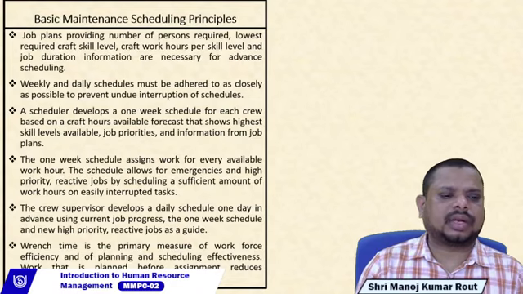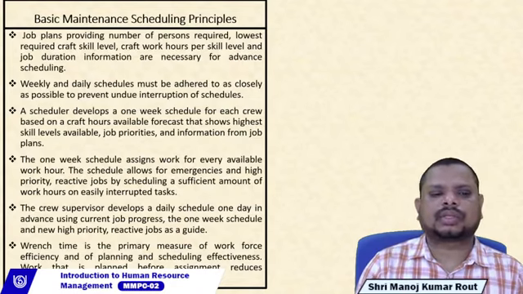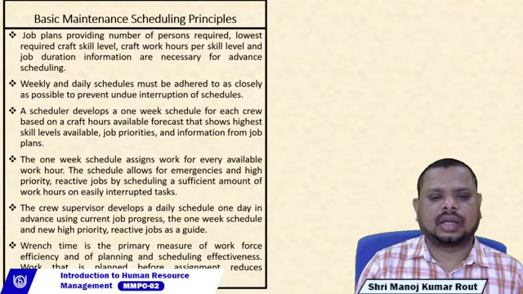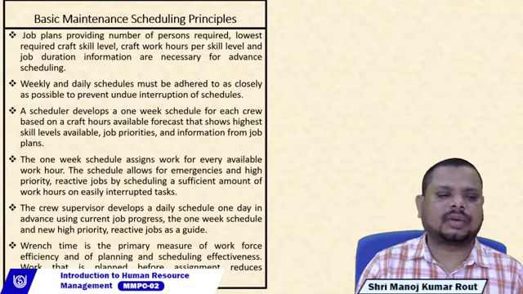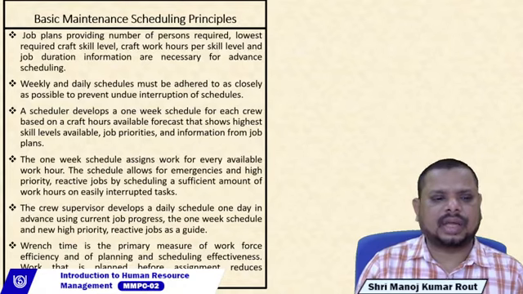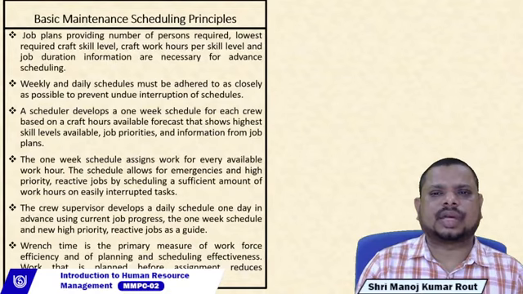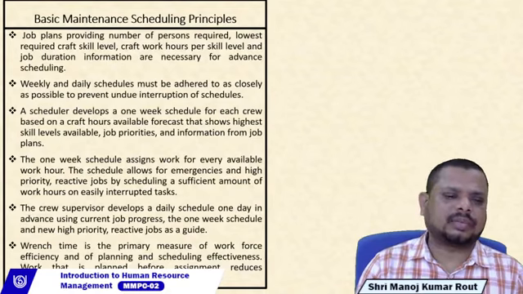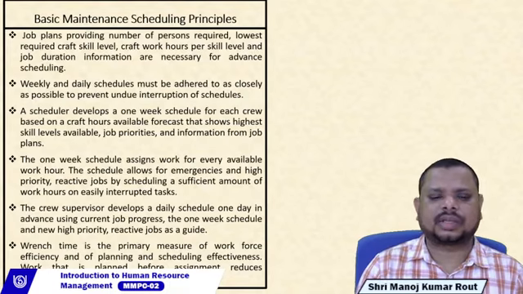Similarly, the next one is that the 1 week schedule is assigned for every available work hour, and emergencies are given the highest priority. The priority jobs are given the next sufficient amount of time. This is done by the middle level of management, especially supervisors, who focus upon daily schedules, 1 day in advance, for conducting various jobs according to progress.